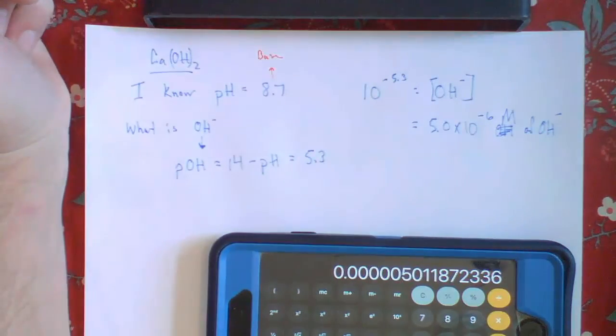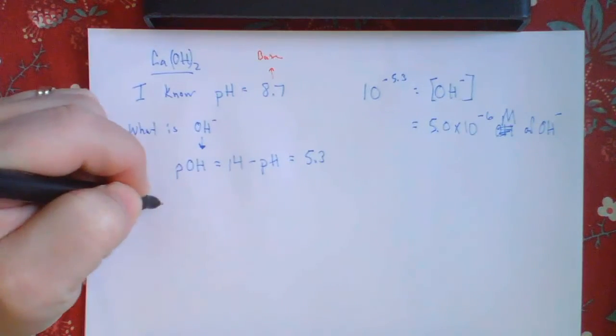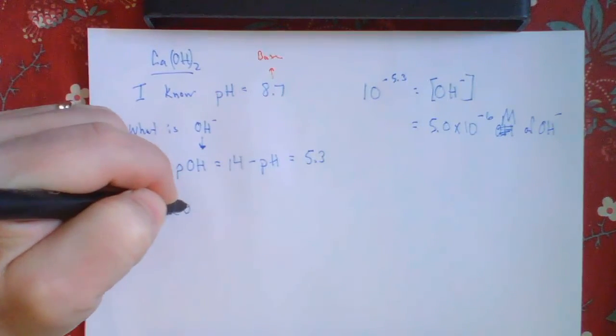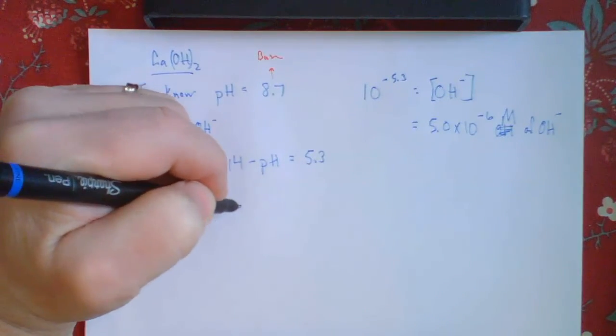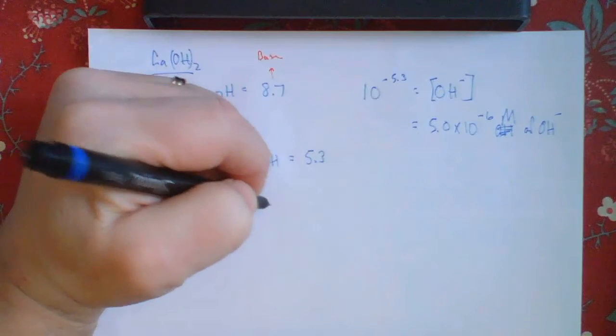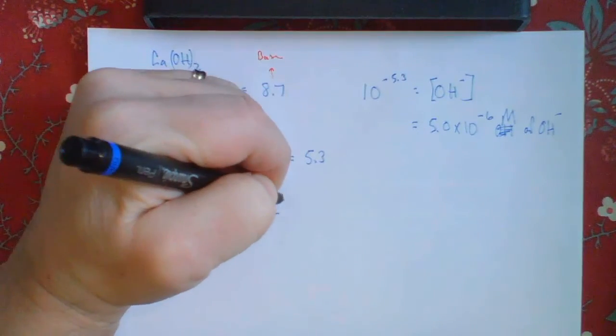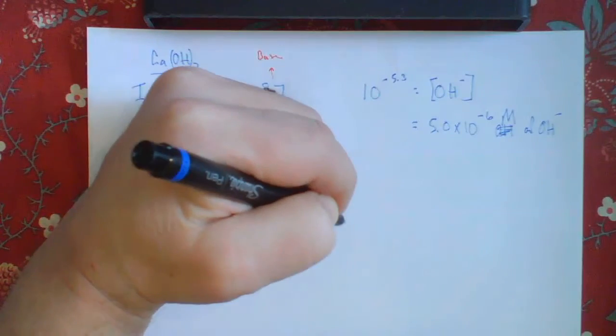Okay. Now, if we looked at that calcium hydroxide, we could go one step further here with this. Let's say we have our calcium hydroxide, and we know that as a compound, calcium hydroxide will dissociate to form calcium ions, and it'll form hydroxide ions.